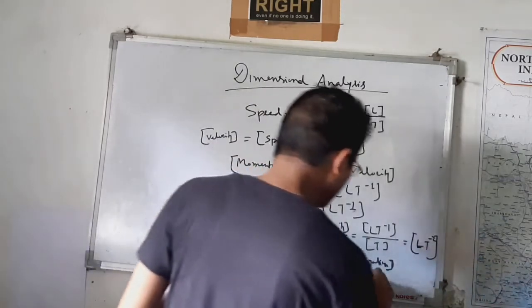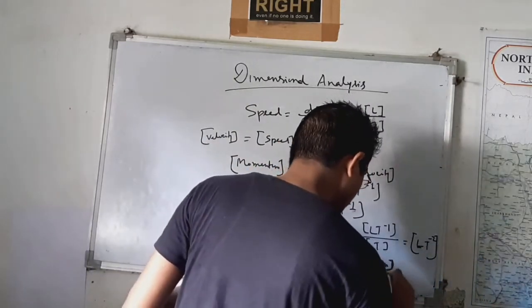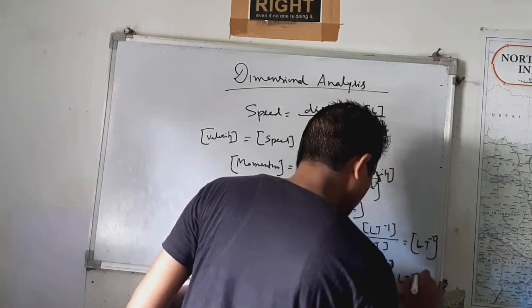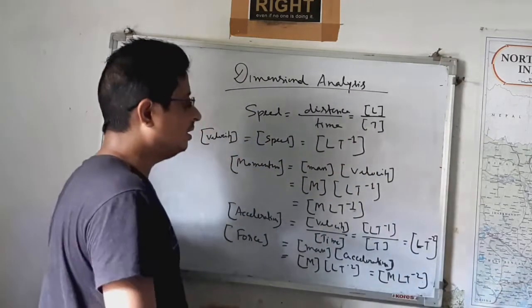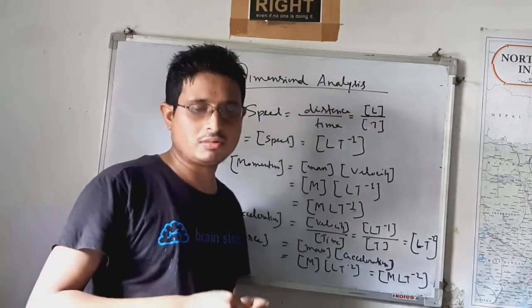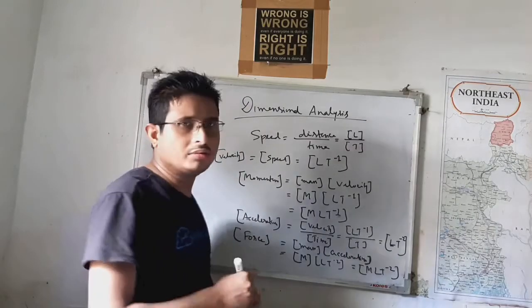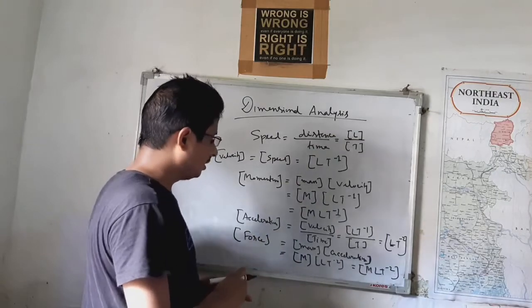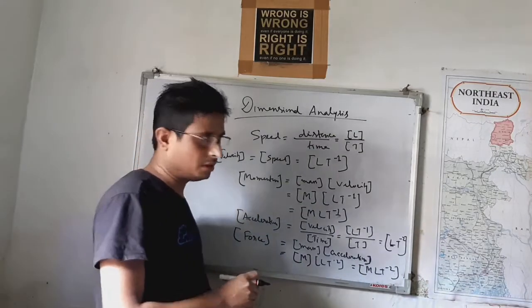So the dimension of force is M L T to the power minus 2. In this way we can calculate the dimensions of physical quantities. I have shown you how we can calculate dimensions of different physical quantities.